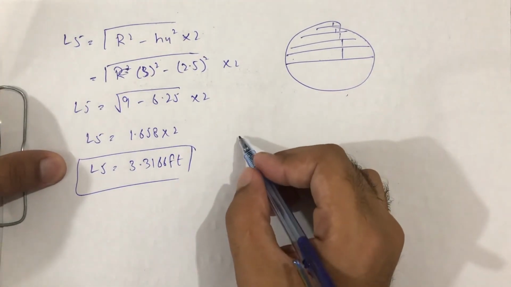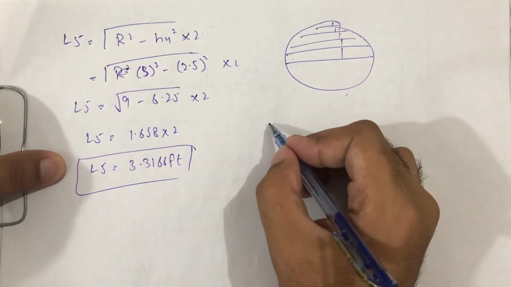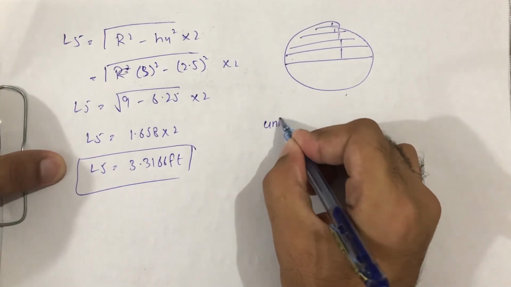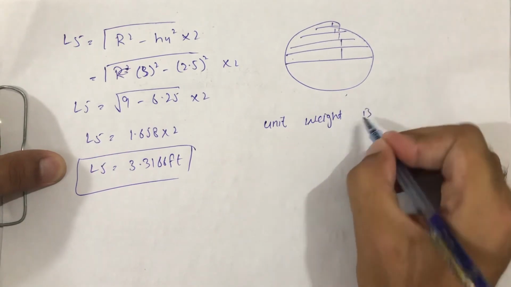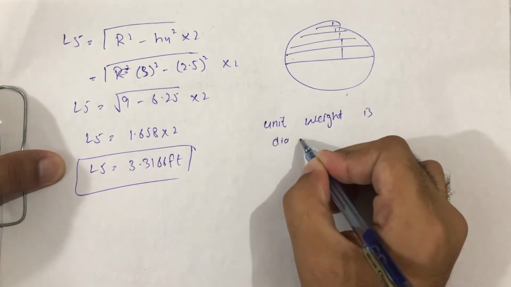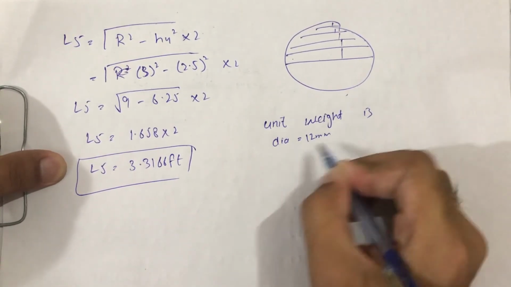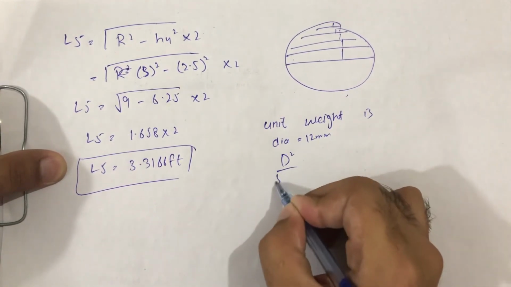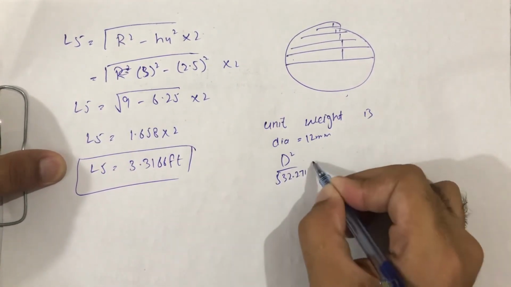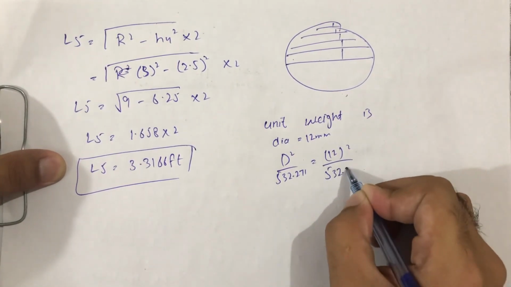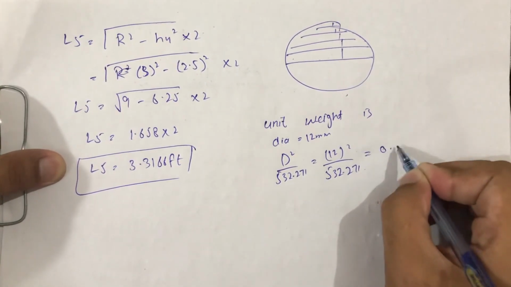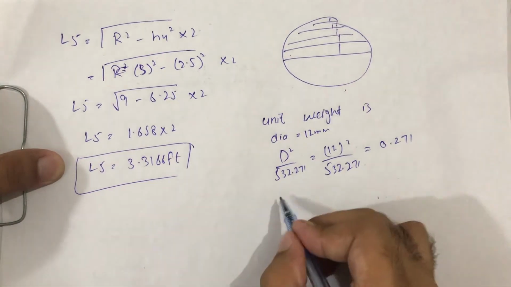Now we have to find the total weight. So unit weight is D square divided by 532.271, where dia is 12 mm. So 12 square divided by 532.271 is equal to 0.271.